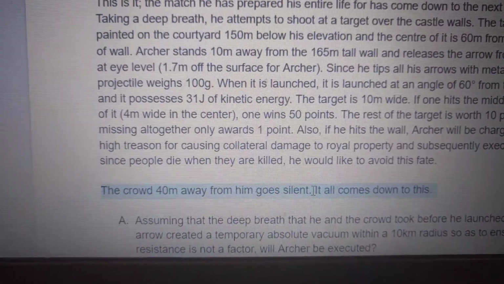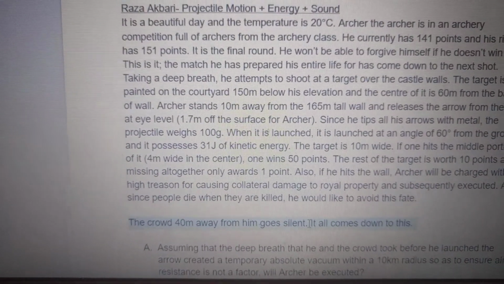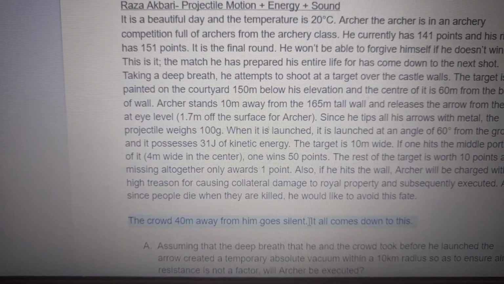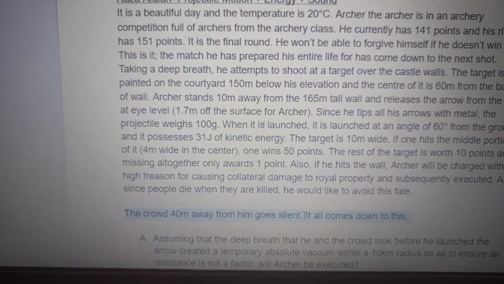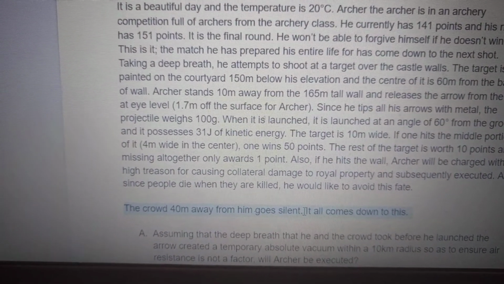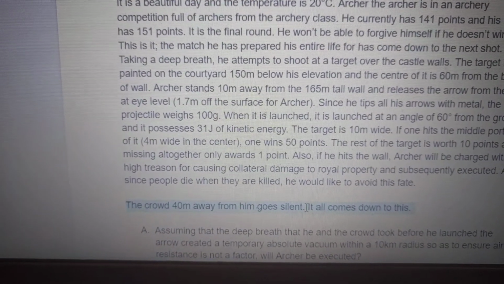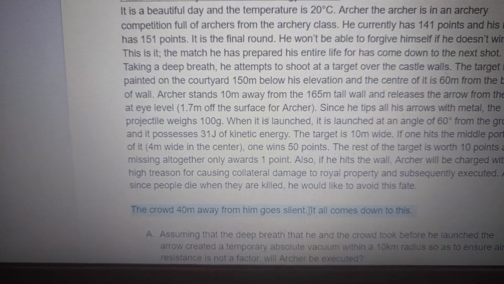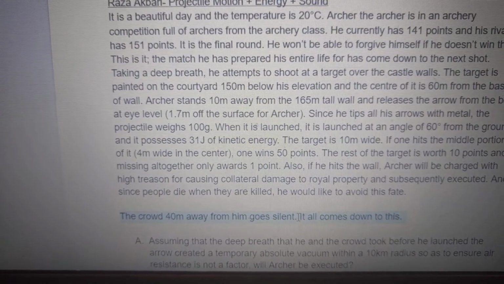The final line of the question says that the crowd is 40 meters away from him, and if the speed of sound is 343.8 meters per second, and they're sitting 40 meters away from him, we now have enough information to work out how long it took for the sound to travel from the crowd to the archer.